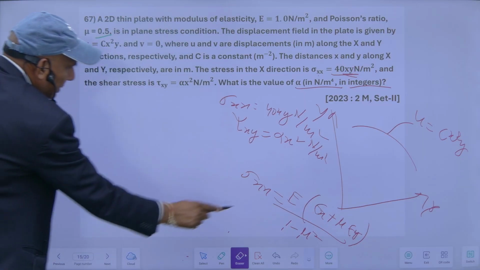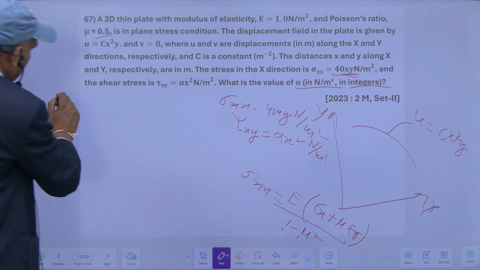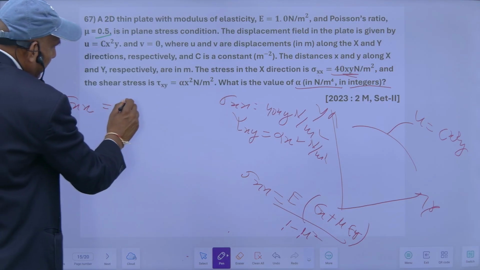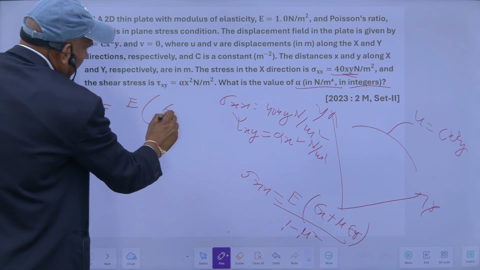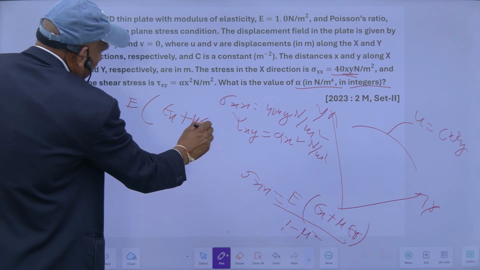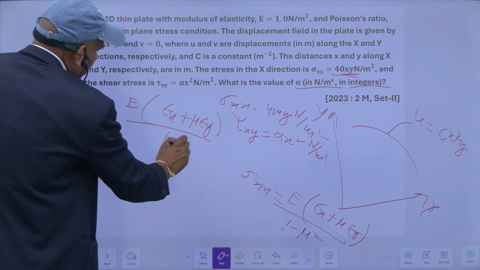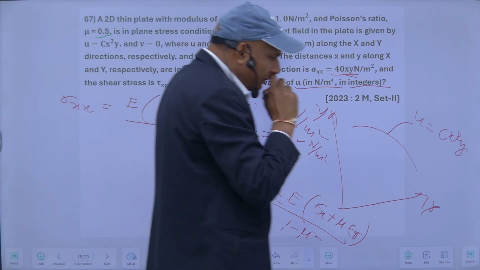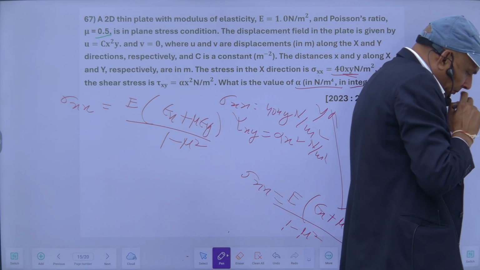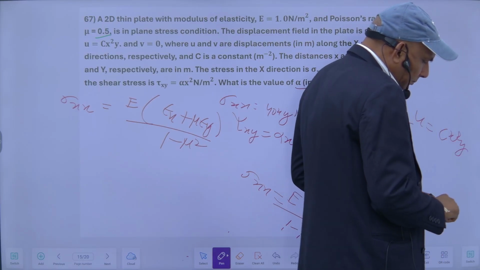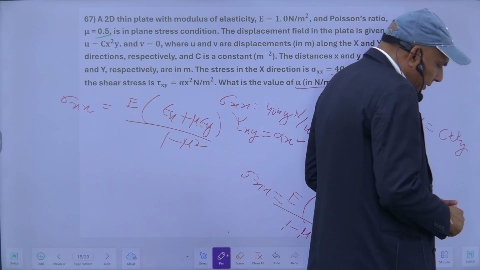This is sigma xx equal to E into epsilon x plus mu into epsilon y upon 1 minus mu square.